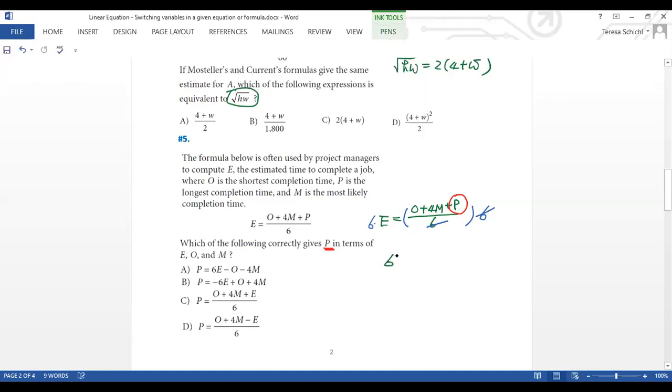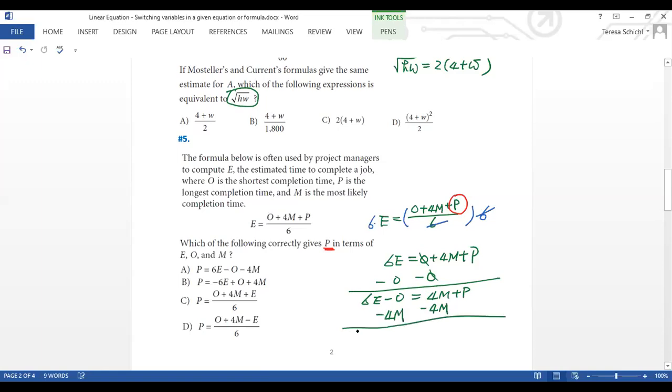So we have 6E is equal to O plus 4M plus P. I'm trying to solve for P, so I need to minus O on both sides. So this is 6E minus O is equal to 4M plus P. I still need to minus 4M, minus 4M.